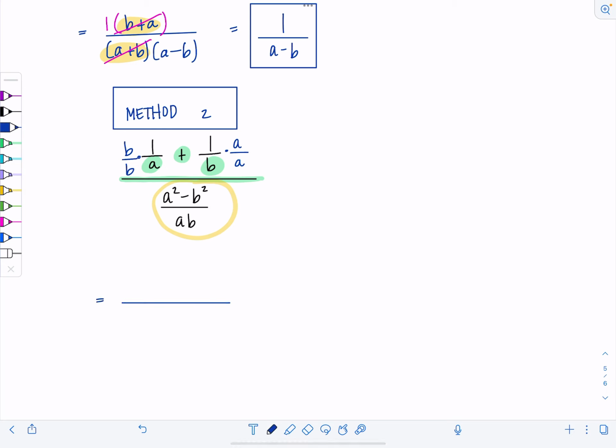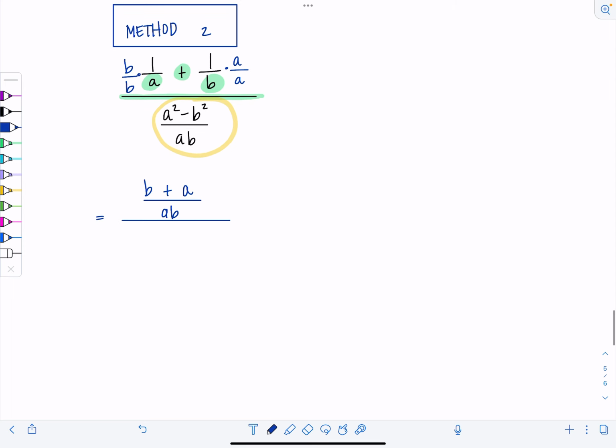And so in the numerator, I'm going to have b times 1, so that's just b, plus a times 1, which is just a, over ab. And then this is over a squared minus b squared over ab.